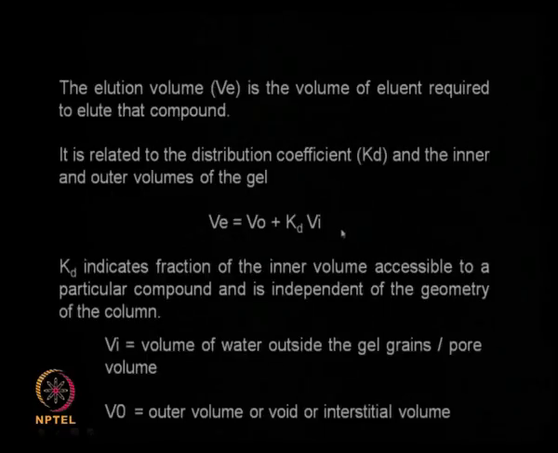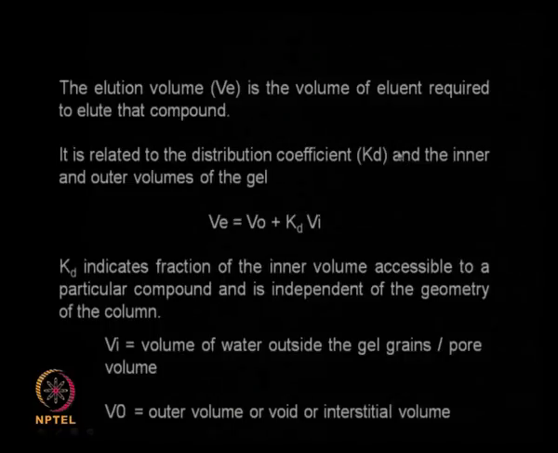So this equation tells you the volume of eluent required to elute a solute from the inlet to the outlet. Now this is a function of two volumes, V naught, that is the outer volume or the void volume, and Vi, which is the pore volume, and there is another term called Kd, which is the distribution coefficient.